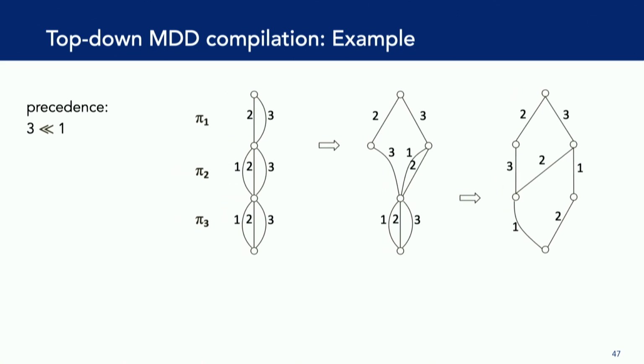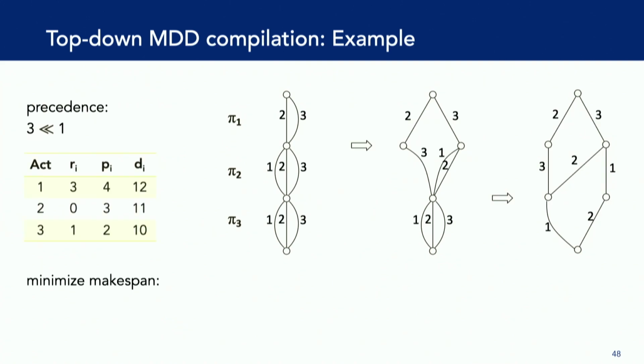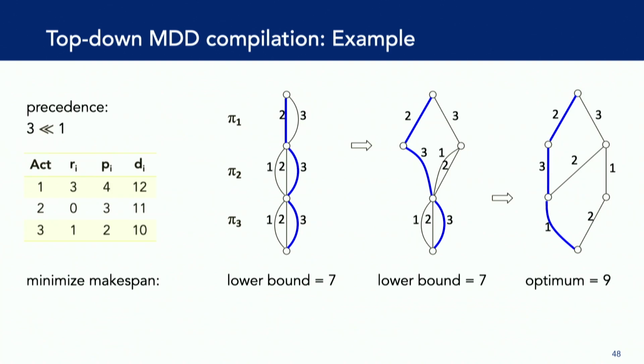So if we give back the instance here and we encode the bounds here, if we evaluate the optimization bound, the makespan for example, we get a lower bound of 7 for the first 2 relaxations, and then we get the exact solution for the final exact diagram. So we can still use these diagrams also for dual bounds. Sounds good?